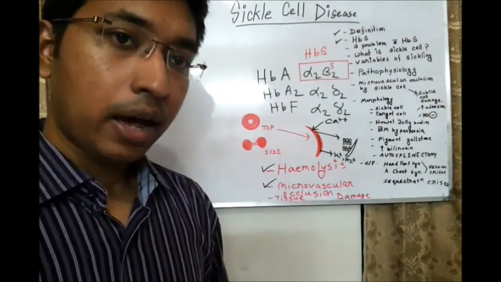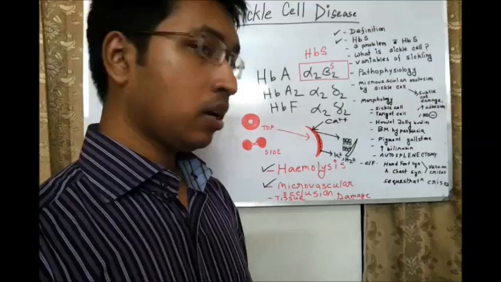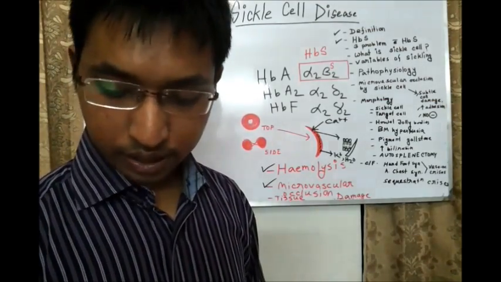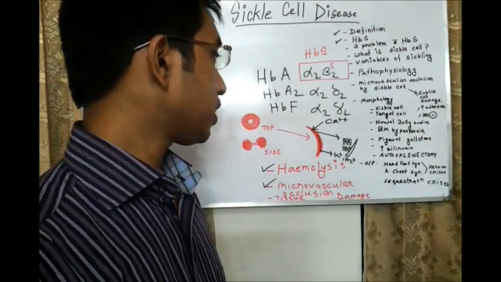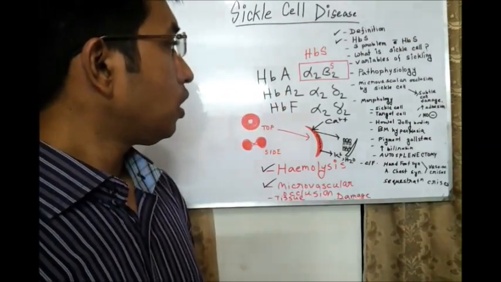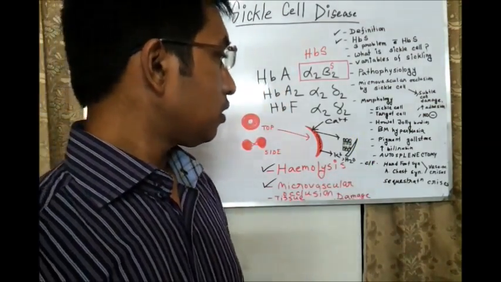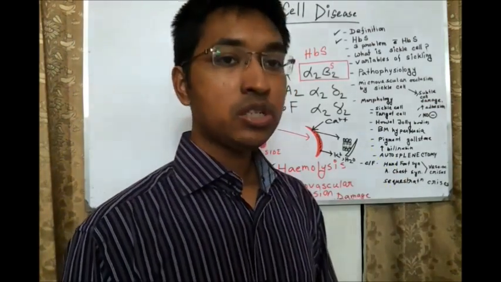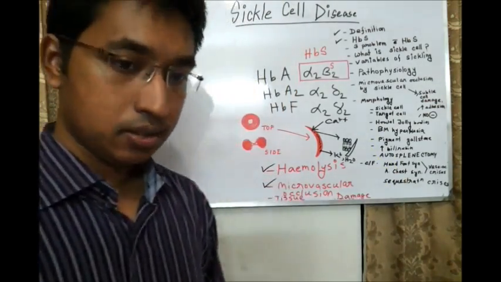As you can see, we are discussing a lot of clinical features that we can have in sickle cell disease. The next thing we have to know is how we will diagnose sickle cell disease.